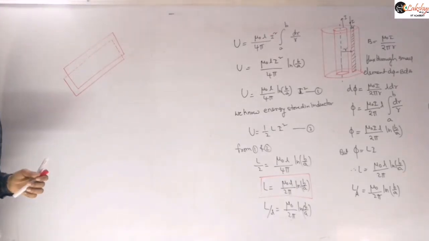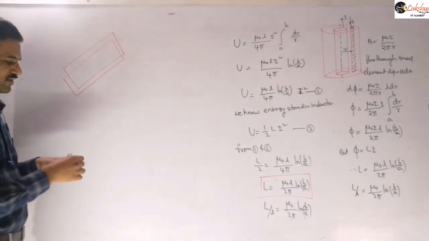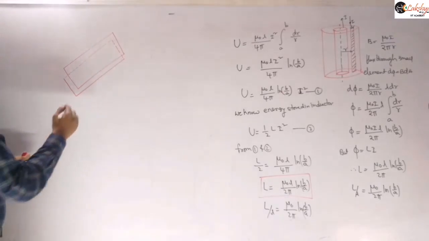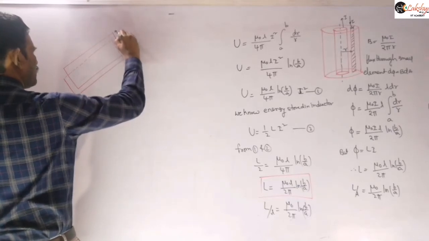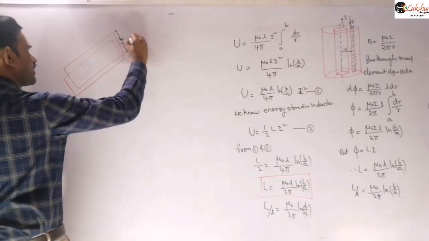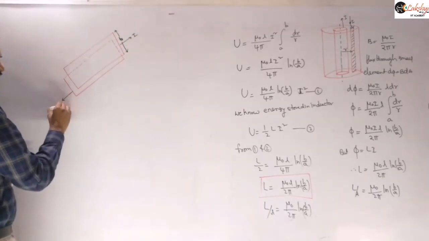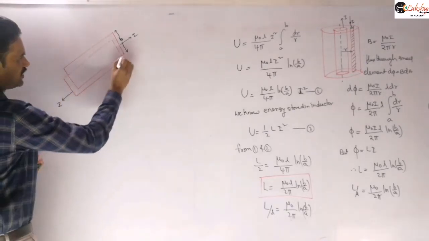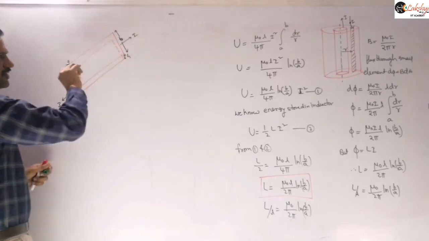Actually this arrangement is nothing but the double tape, in the sense one plane will be there and another plane above that, parallel to that. Then this width I am taking as B. Width of this plane is B. Now this double plane is carrying current in opposite direction. Suppose I is the current flowing in, and that I will come out here. Then the other dimension, this height, I am taking as H, that means the gap between them.